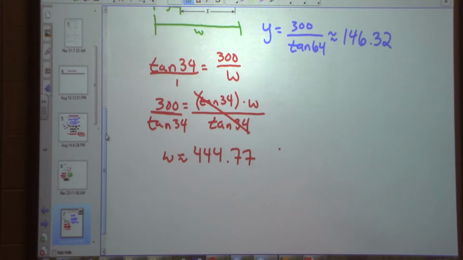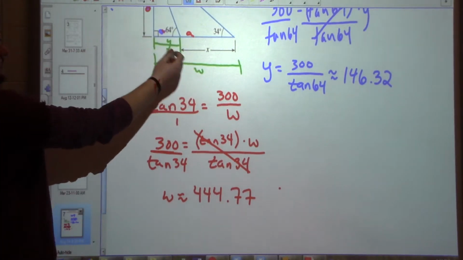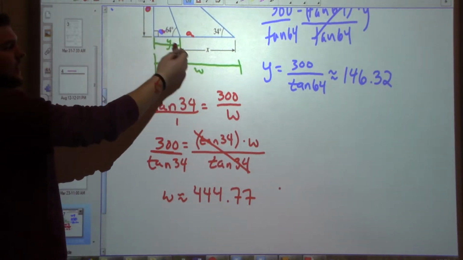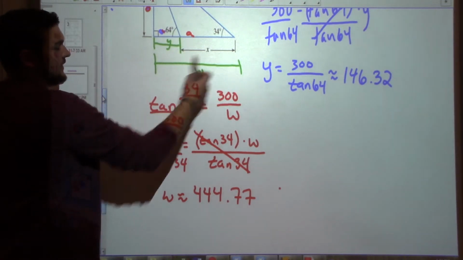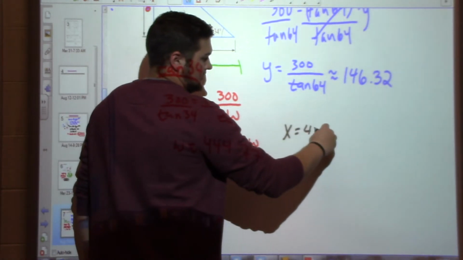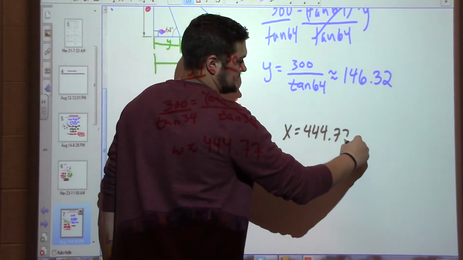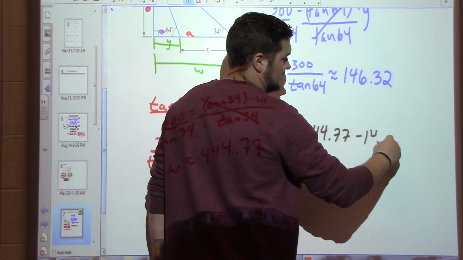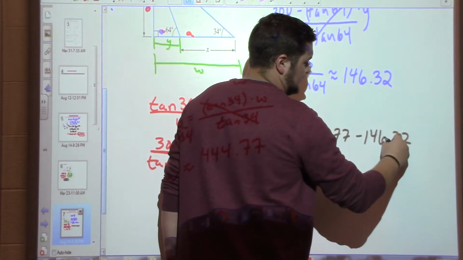Okay, so I found W and I found Y. So I'm going to subtract the two of them so I can have this X value that I'm looking for. So X equals 444.77 minus 146.32.